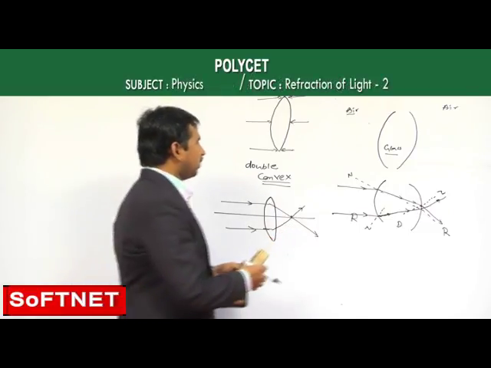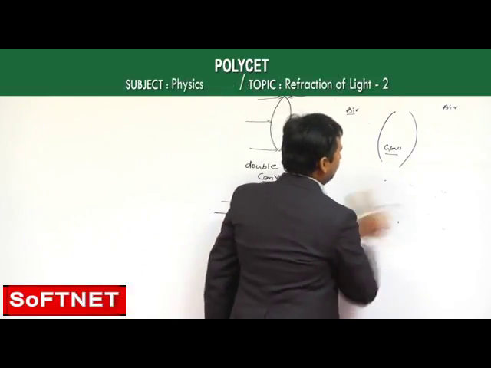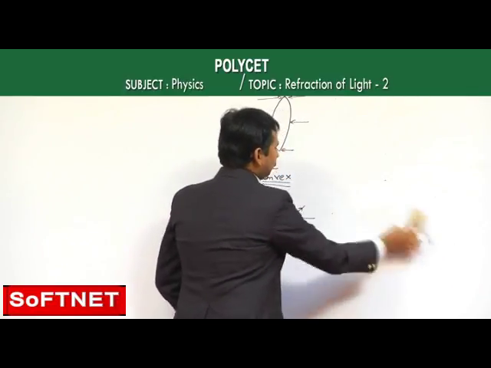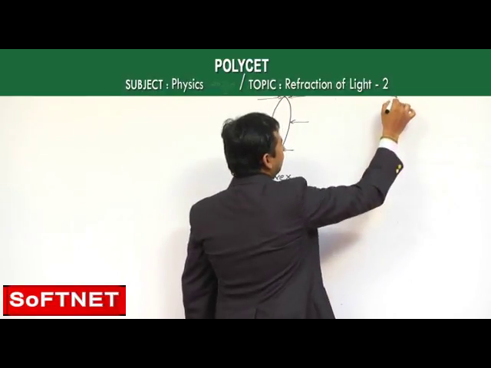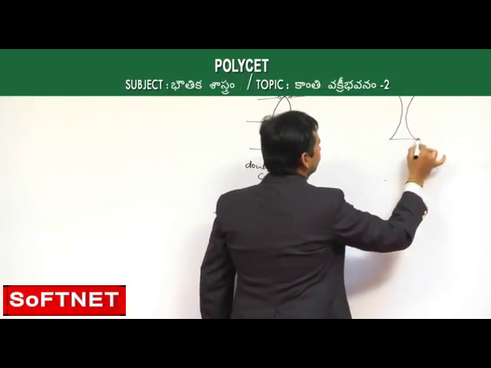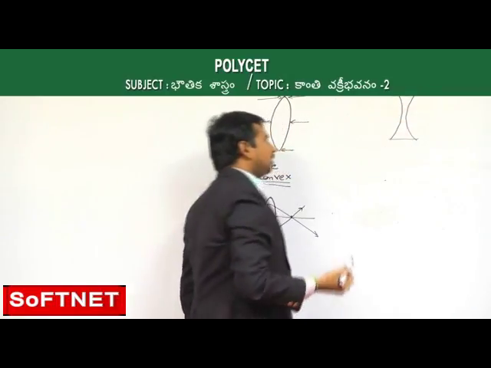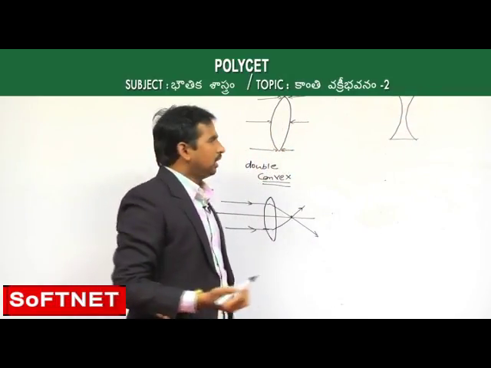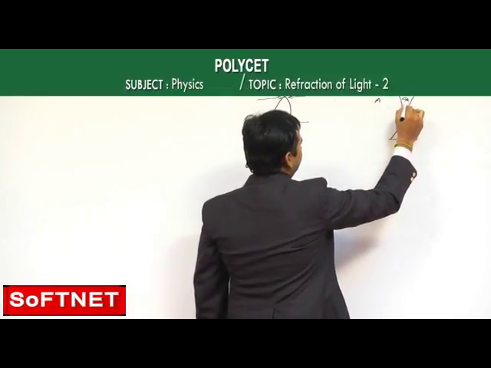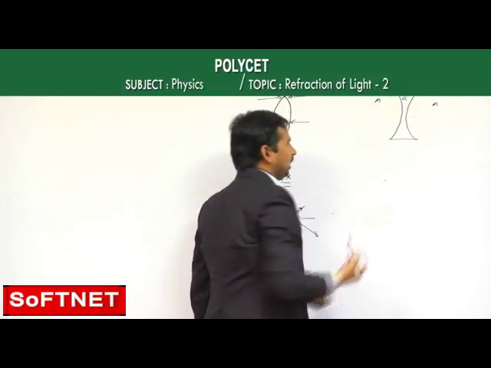Okay, and in the same way, if you are taking the case of a concave lens nature, if you see a double concave, like this, two surfaces. This is a double concave lens, and again just like the previous one, here we are having air and this is glass and coming back to air here.